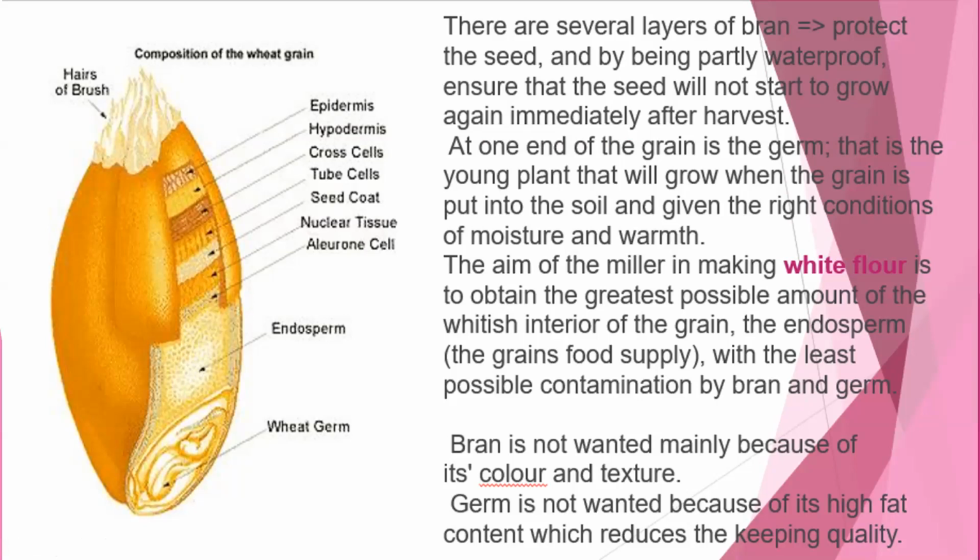And bran is not wanted mainly because of its color and texture by the food industries, whereas germ is not wanted because of its high fat content, which reduces the keeping quality of the baked food product because of development of rancidity during storage.